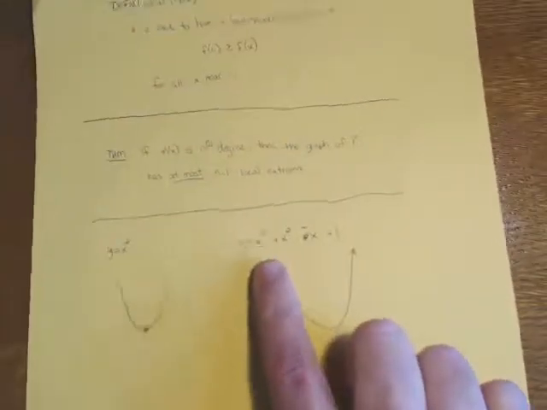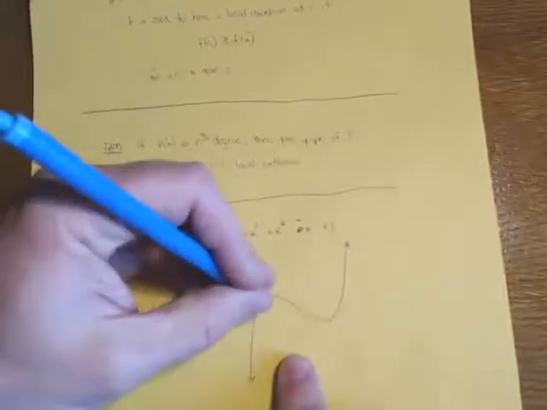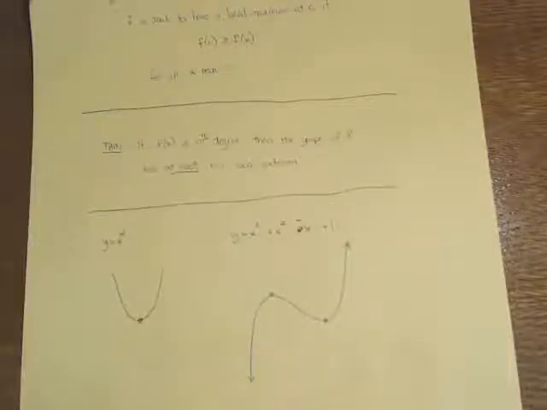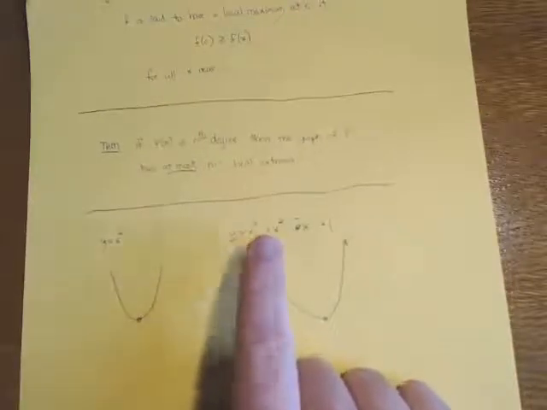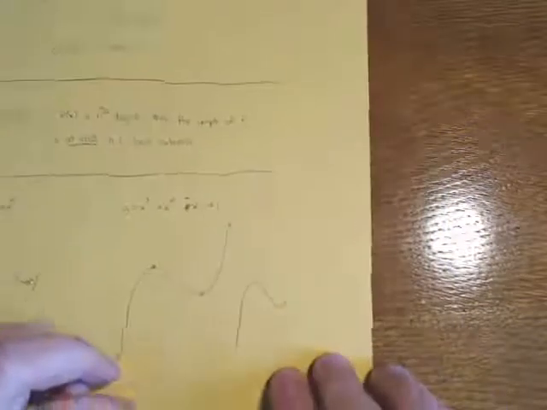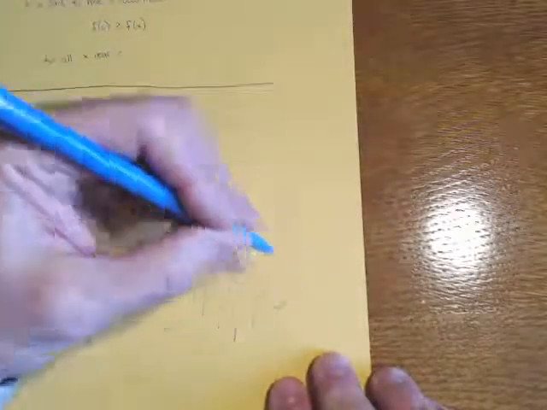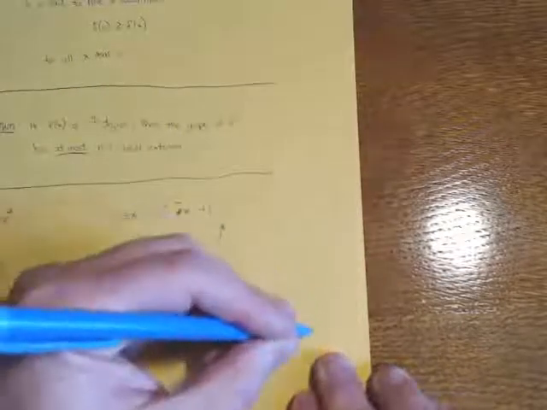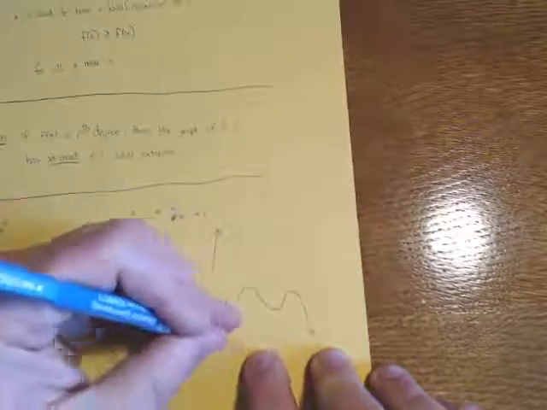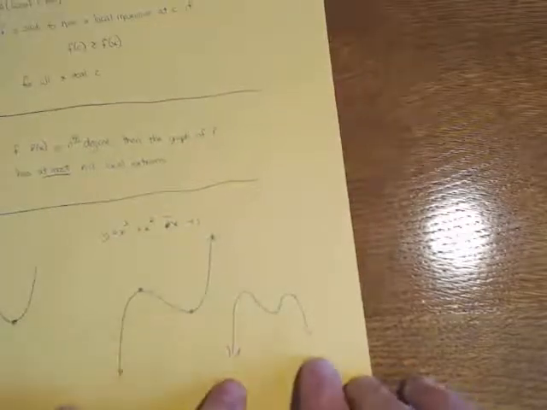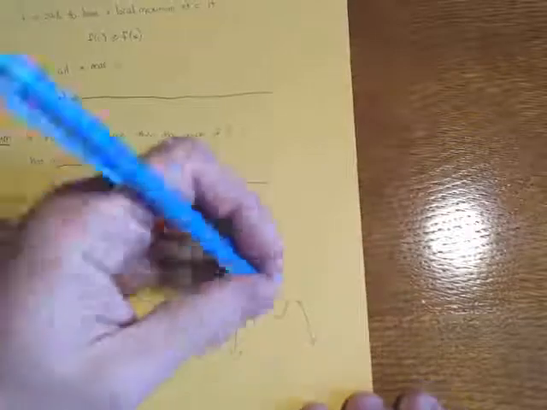That is a third degree polynomial, and it has 1, 2 local extrema. So it can have up to one less than its power. Try to fit one more local extremum in there, and now try to fit a third one in there, and it requires a turn. And all of a sudden that turn creates not a third degree polynomial, but now a fourth degree polynomial. So there's no possibility for that.